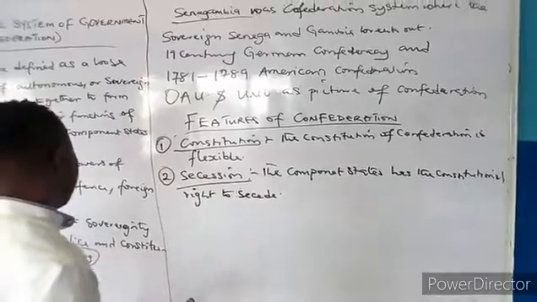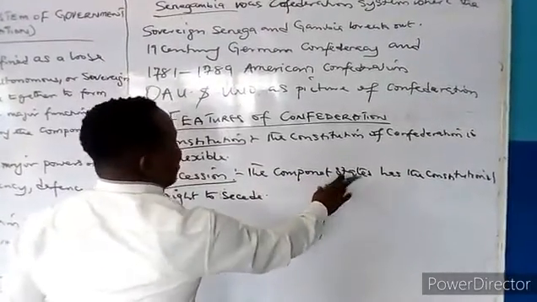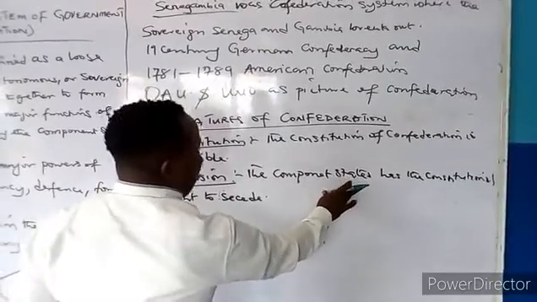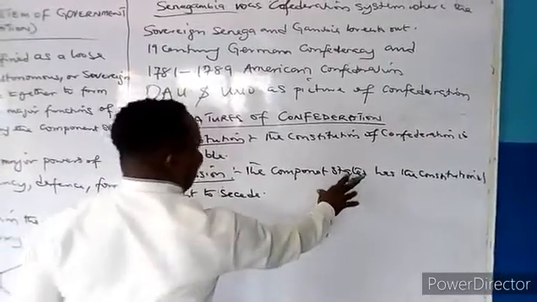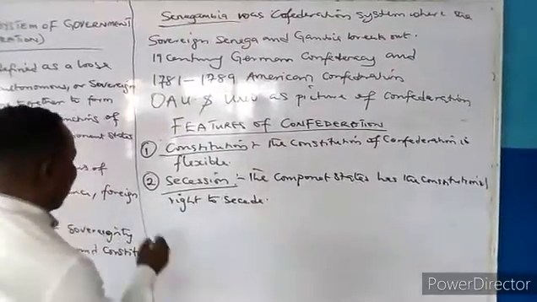Like we said, the sovereignty of all the component states is retained and their identity is also retained. Therefore, they have the constitutional right to secede, to break apart.